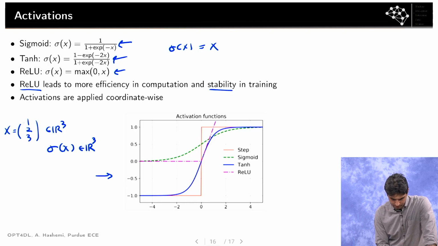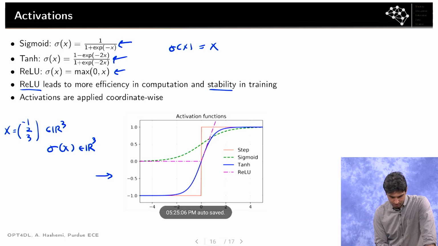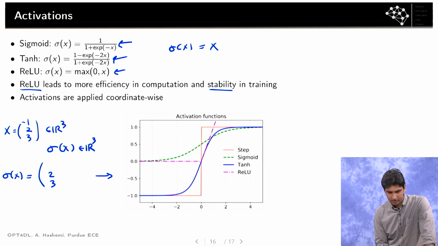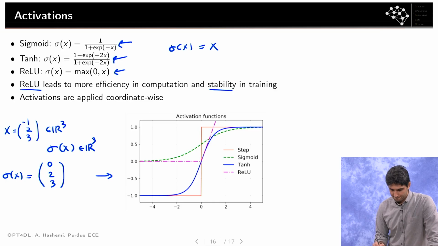Okay, so let's make this -1. So therefore, for instance, for the case of ReLU, the activation of the ReLU applied to x is basically nothing but 0, 2, 3, because these two are non-negative, and then -1 is negative, so therefore I'll just replace it with 0.